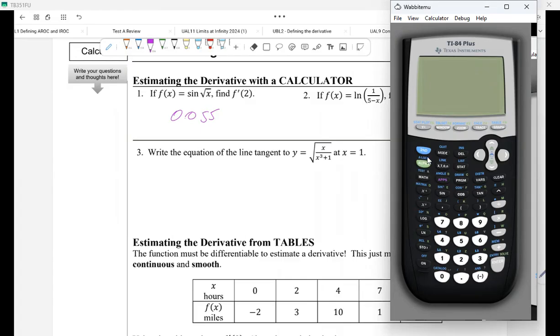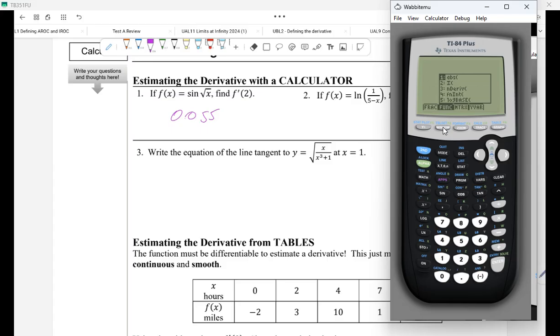If you go into the second menu after you press alpha, so if you press alpha window, you get not a secret menu, that would be the wrong way to describe it, but you get a new menu of things. And inside of there, you have nderiv number 3, which stands for numerical derivative, which is just their way of saying we're estimating here, like I said earlier.